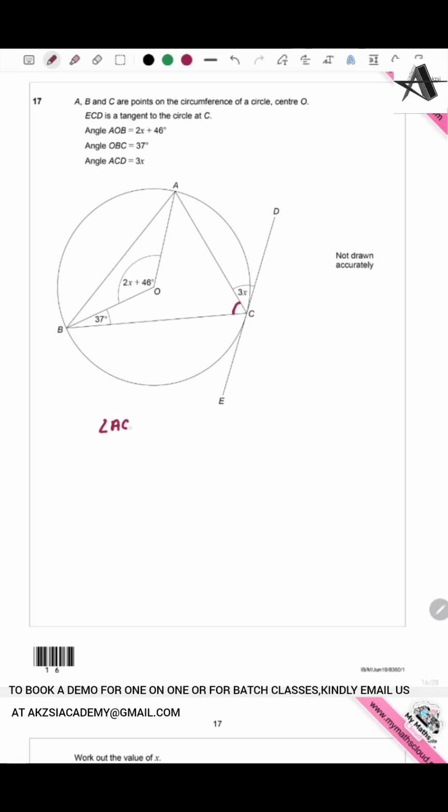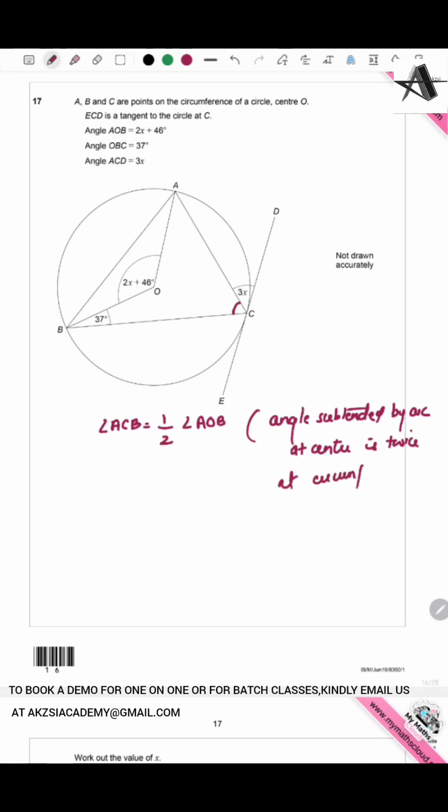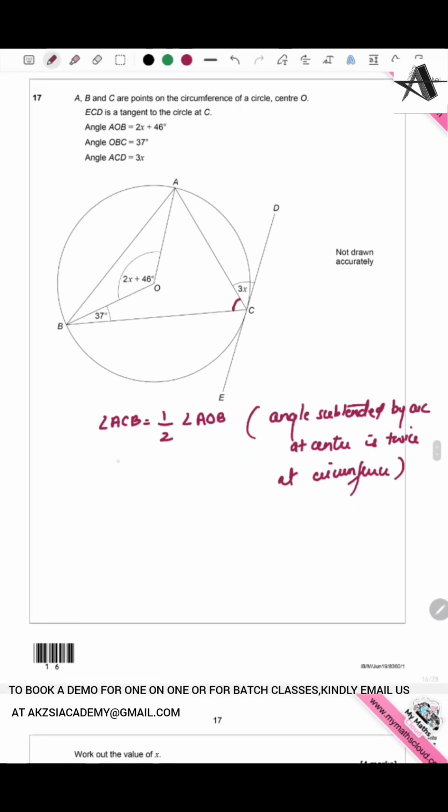Angle ACB is equal to half of angle AOB, because the angle subtended by an arc at the center is twice that at the circumference. So angle ACB will become half of 2x plus 46, which is x plus 23. So I can say this is x plus 23.